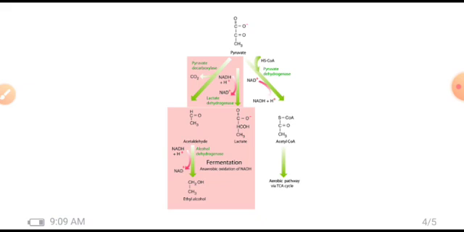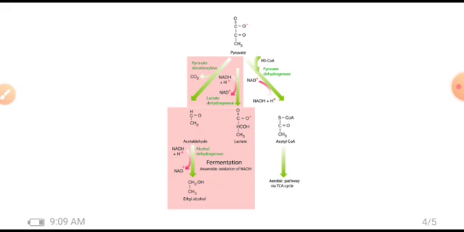And lactate dehydrogenase produces NAD plus. So NAD plus is also produced, and hydrogen ion is produced in the process of dehydrogenase. Coenzyme A is also present.